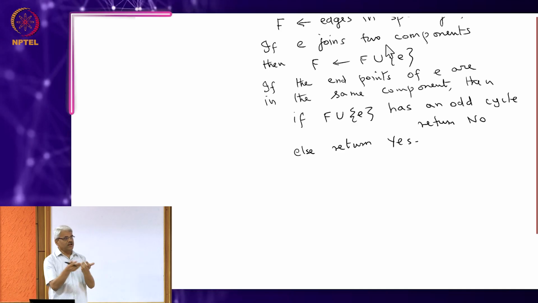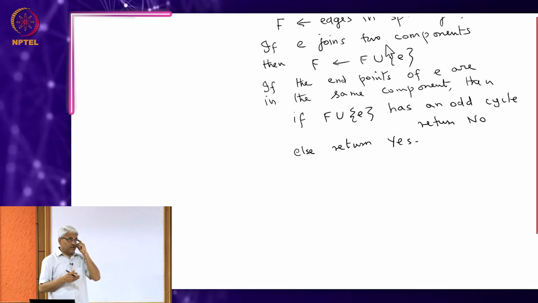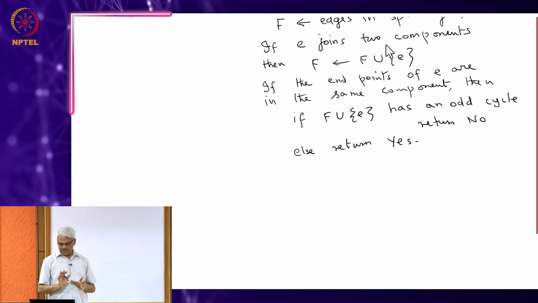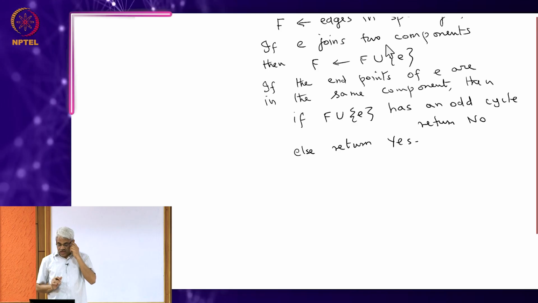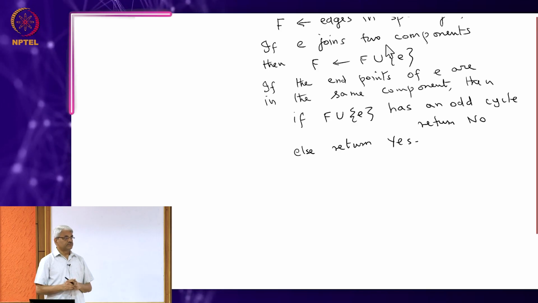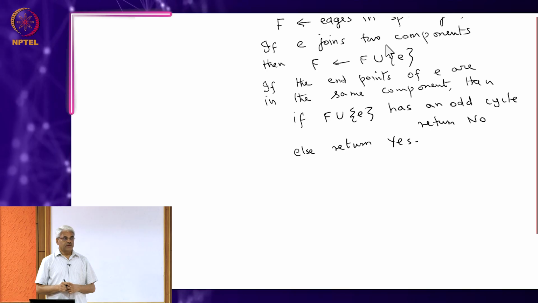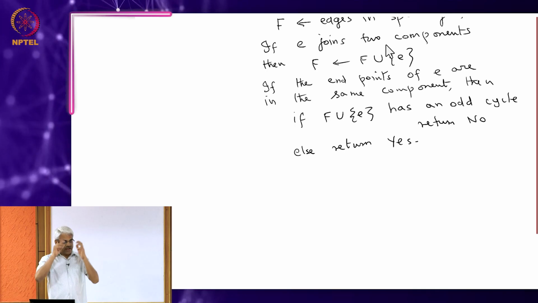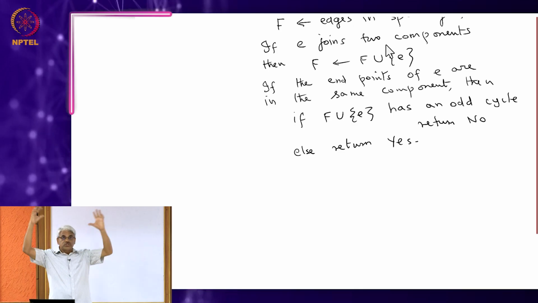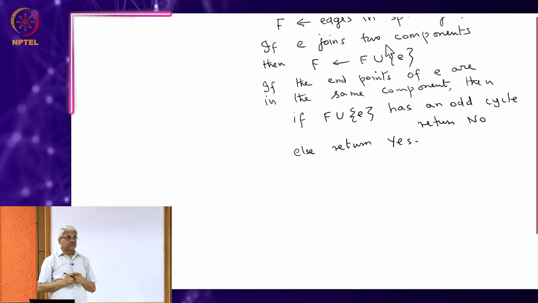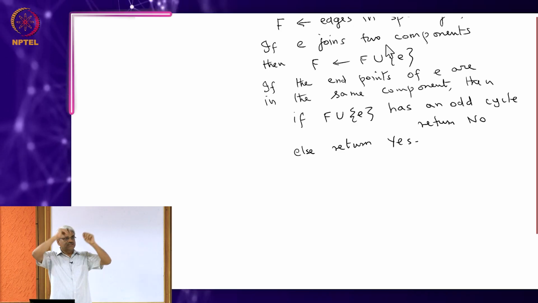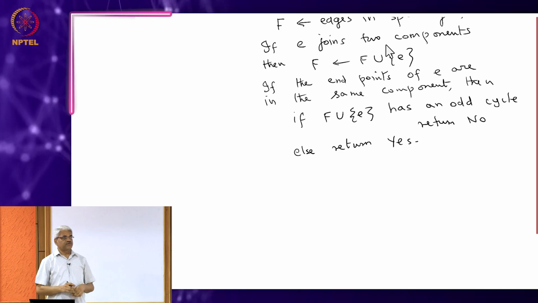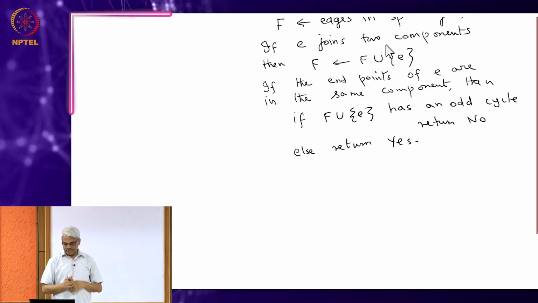If it forms an odd cycle, then you report that it's not bipartite, otherwise it is bipartite, and either way I discard that edge. The claim is that this is good enough: if the algorithm returns it is bipartite, then it is bipartite, even though it is not storing all the edges of the graph, because the other edges can only form an even cycle with whatever you have stored, and so the graph will be bipartite.